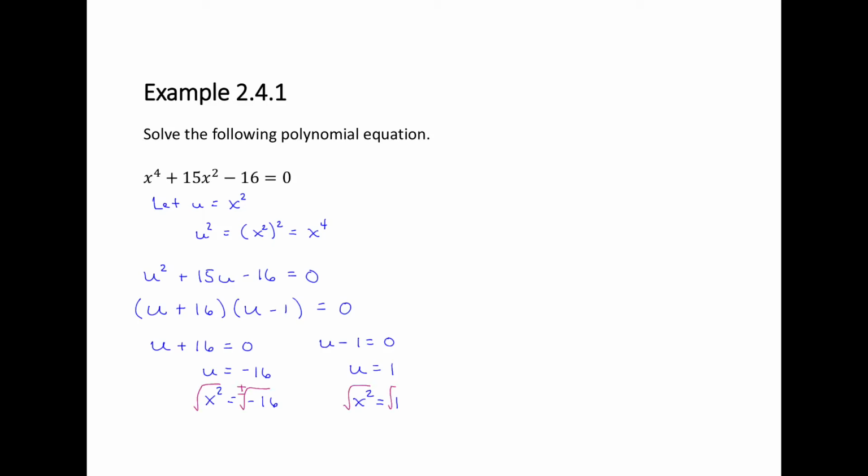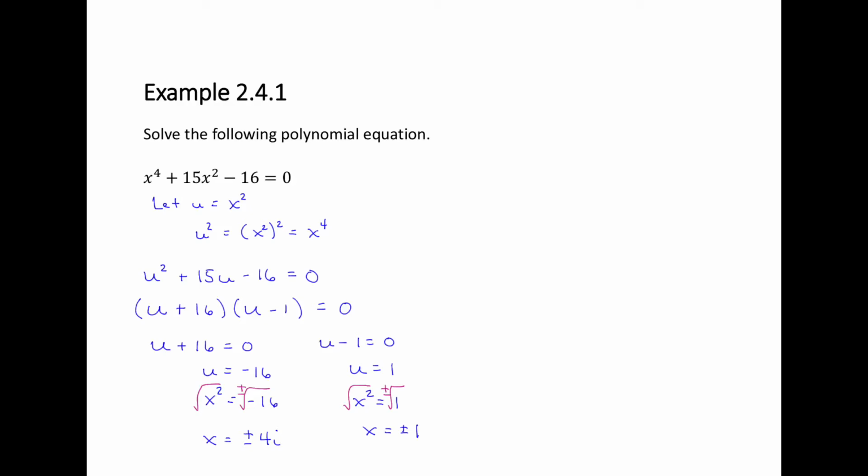The side opposite the variable gets plus or minus, and that yields x equaling plus or minus 4i, or x equaling plus or minus 1. Now I have my 4 solutions: positive 4i, negative 4i, positive 1, and negative 1.